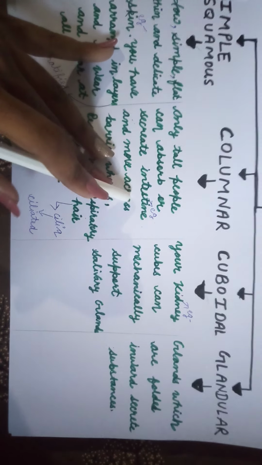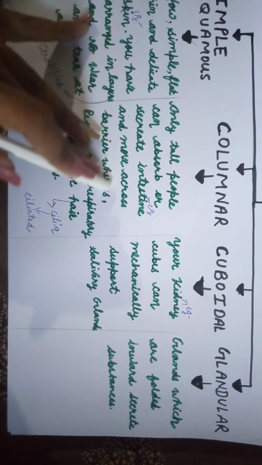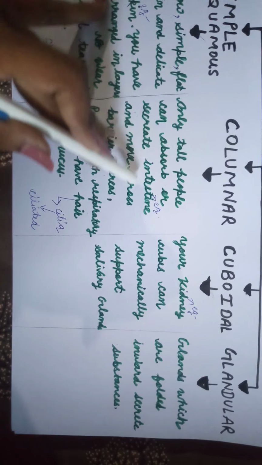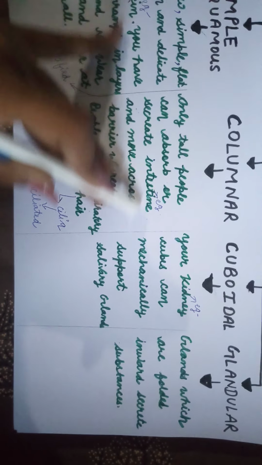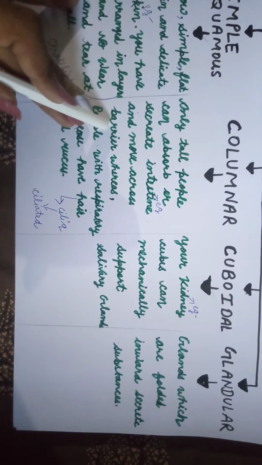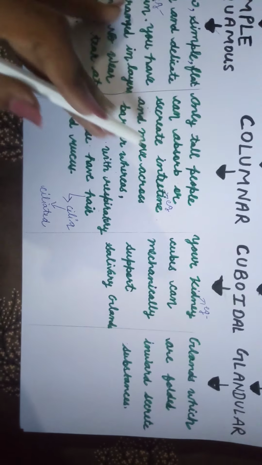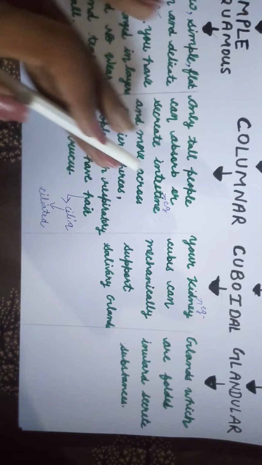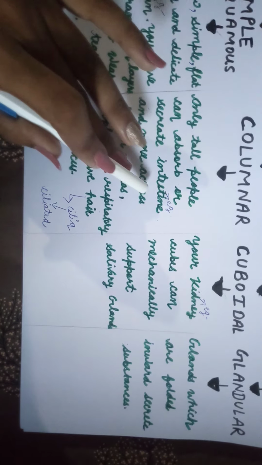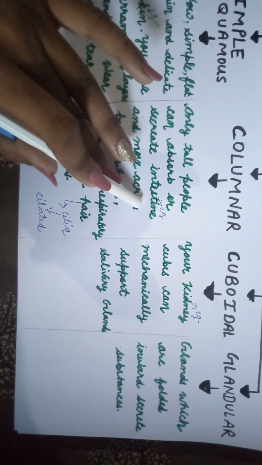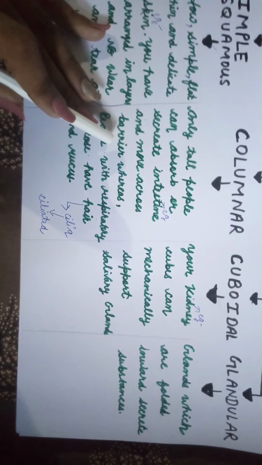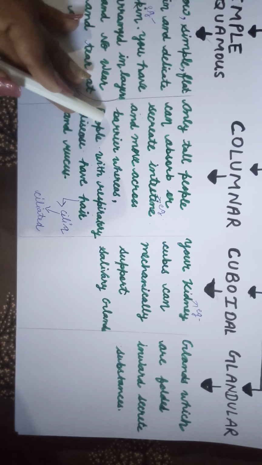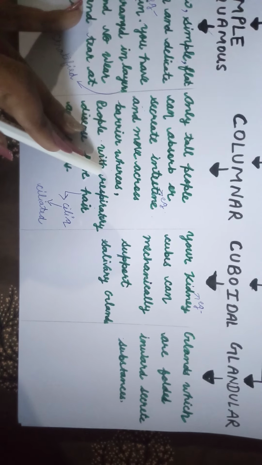Now clear? Okay. The main function is absorption and secretion in the intestine. An example of columnar tissue is the intestine, where the tissue is present. And the epithelial cells move across the barrier.